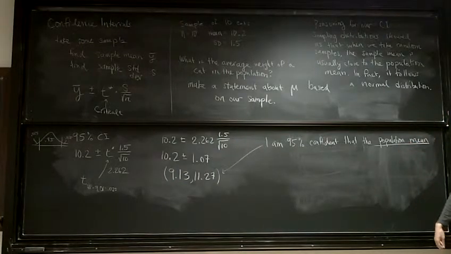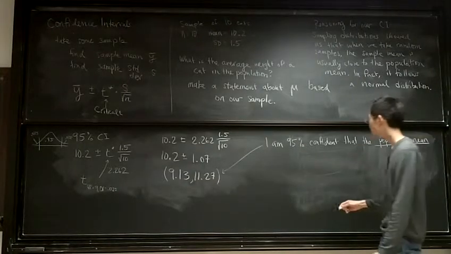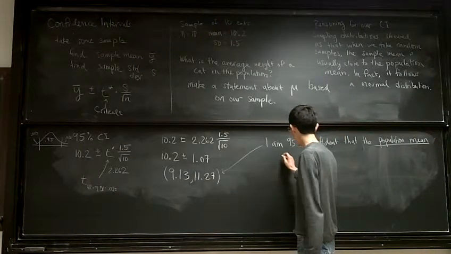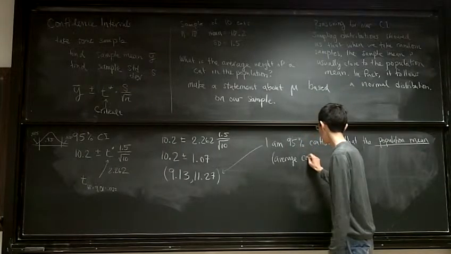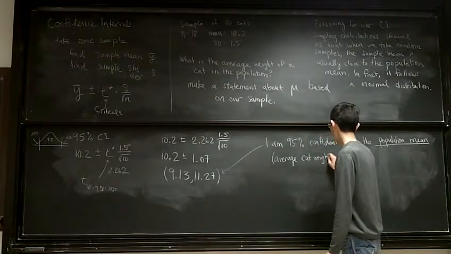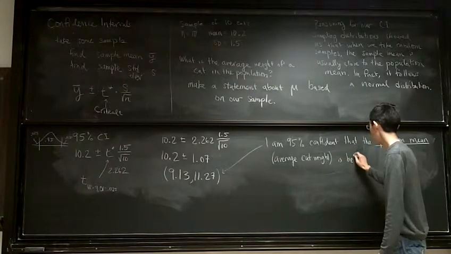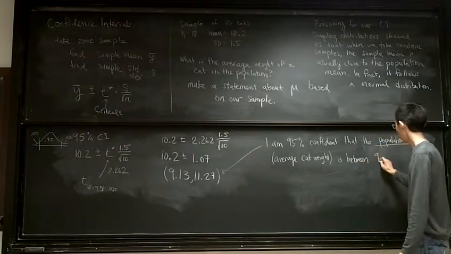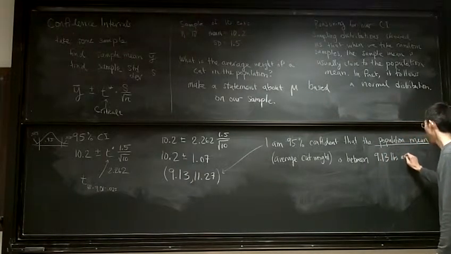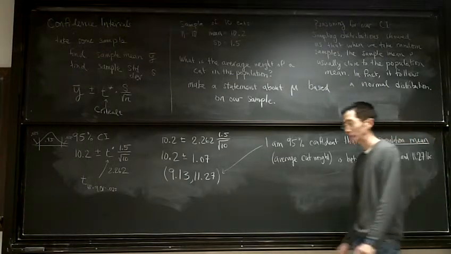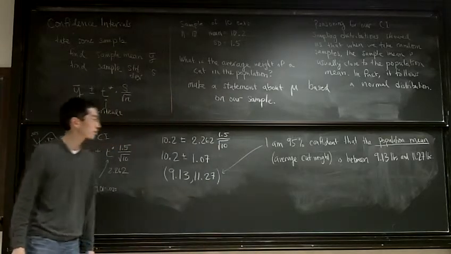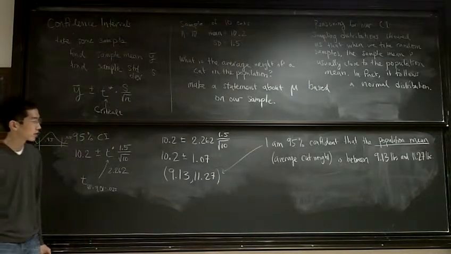We actually have all 10 measurements for our sample, but we're going to say something about the population mean, and I say I'm 95% confident that the population mean, so really it's the average cat weight in the population, is between 9.13 pounds and 11.27 pounds. Something like that.